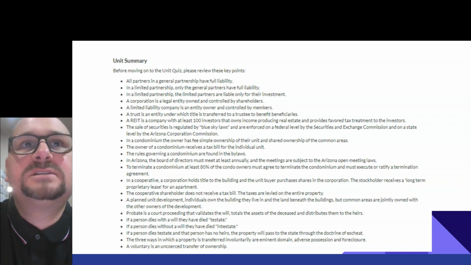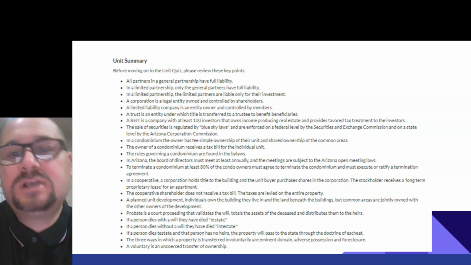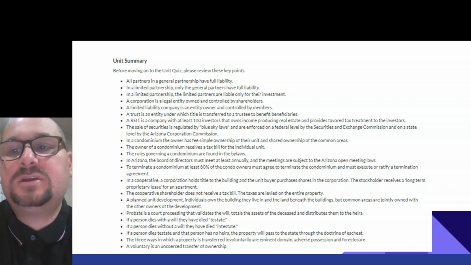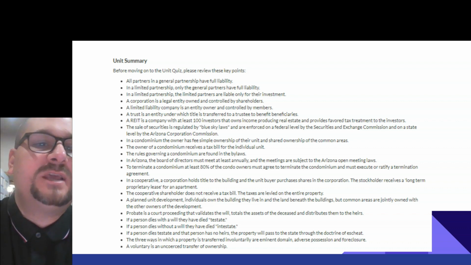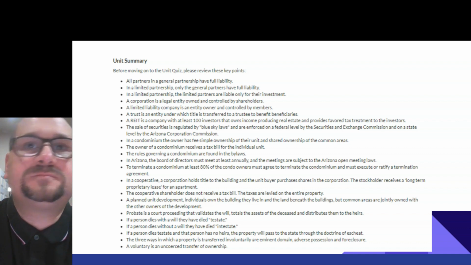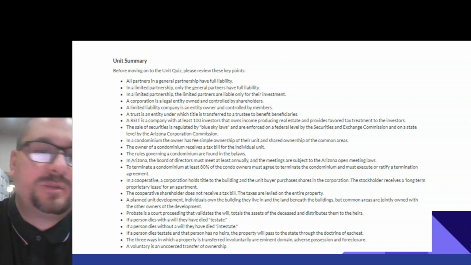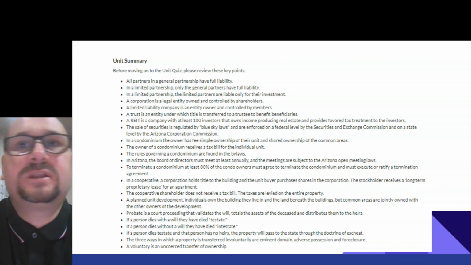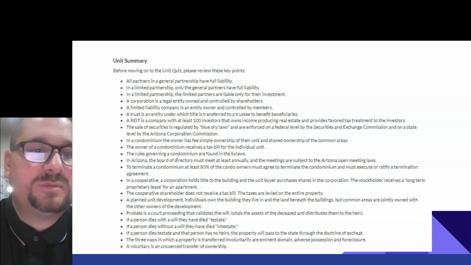So who regulates these trades of securities? It's regulated by the SEC, and on a state level by the Arizona Corporation Commission. So you start your business, your LLC, and it is regulated by the SEC and the Arizona Corporation Commission.